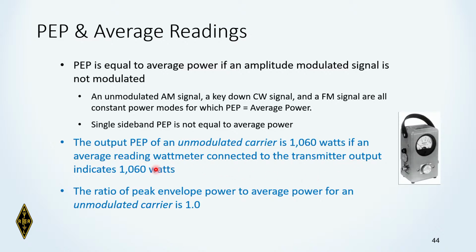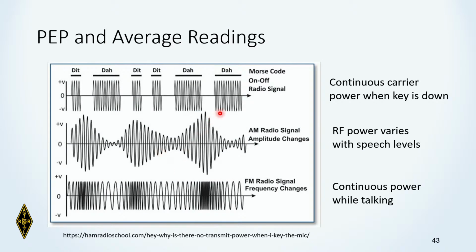If an average reading watt meter, here's a Bird watt meter, is connected to the transmitter output, it will indicate 1,060 watts. I mean, that kind of makes sense. And furthermore, the ratio of peak envelope power to average power for an unmodulated carrier is 1.0 because we see that it's full power. In this case, it's not.